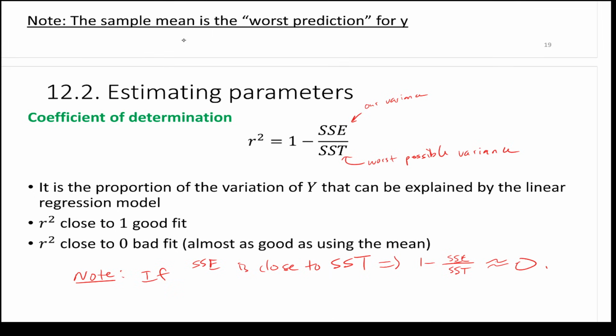Well, if SSE is close to SST, that means we have a bad fit because y bar, which is what we use for SST, is the worst possible approximation, and we're close to that worst possible approximation. We're not much better than just using y bar if SSE is close to SST.